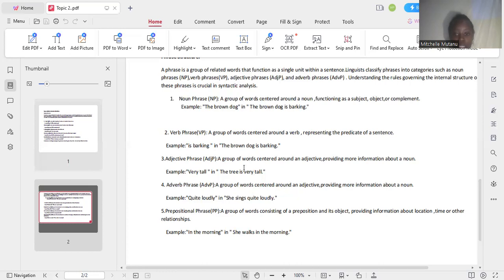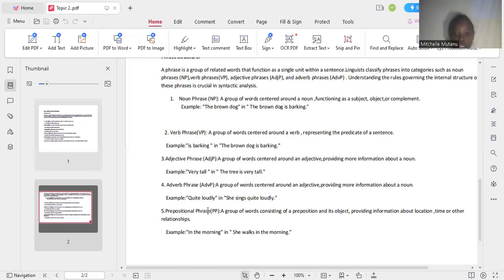It provides more information about the tree. An adverb phrase is a group of words centered around an adverb, providing more information about a verb. For example, quite loudly. She sings quite loudly.